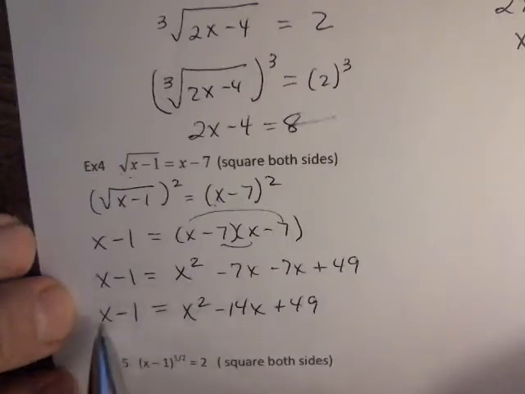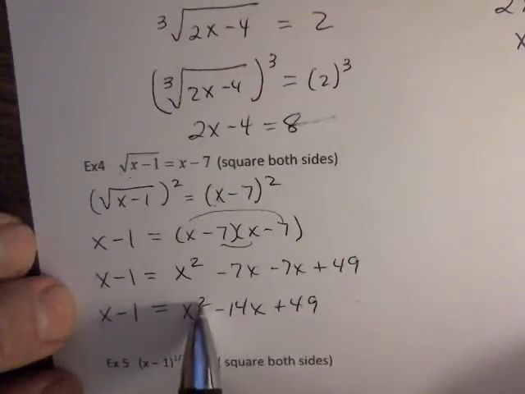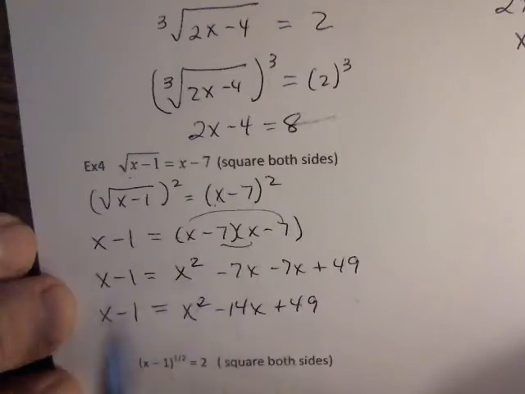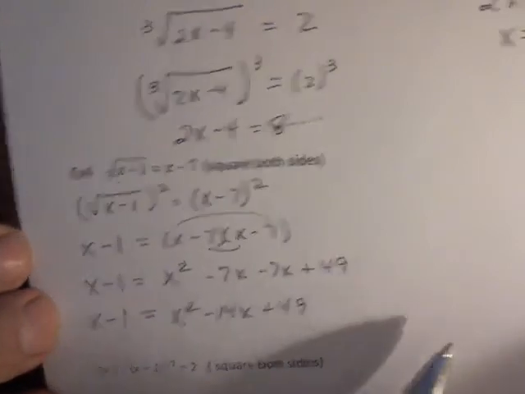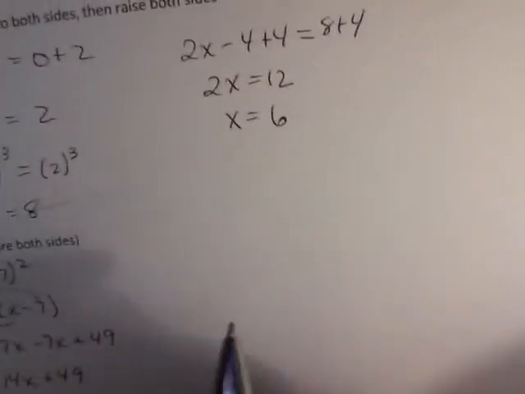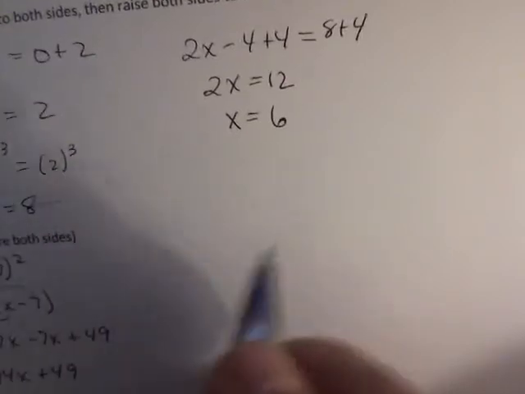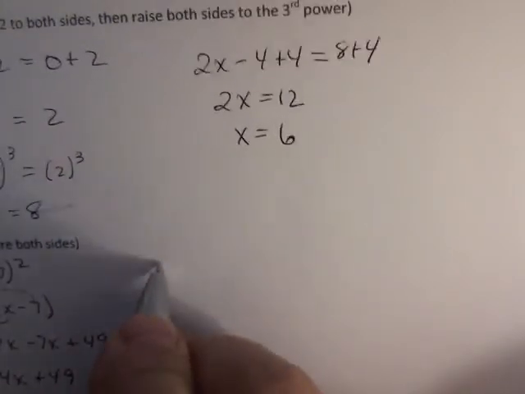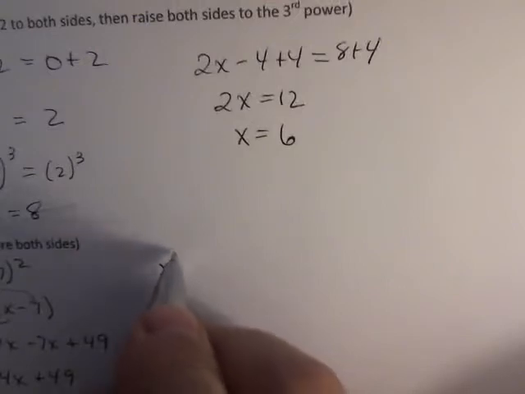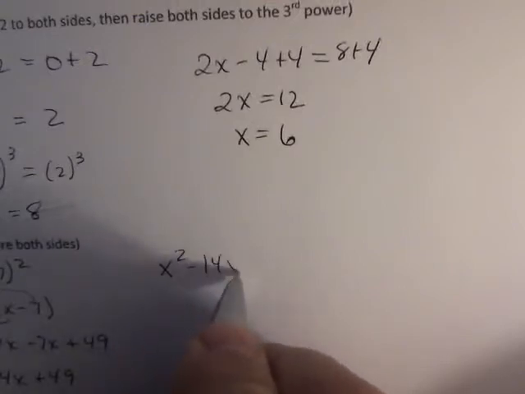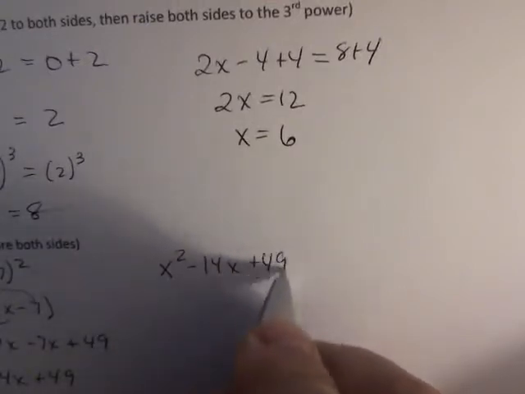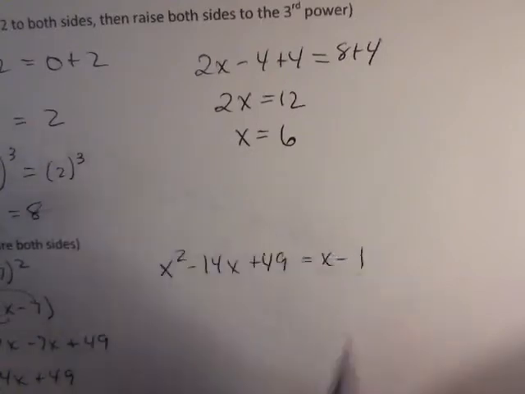Okay, so what we're left with here now is a quadratic equation. And anytime we have a quadratic equation, that means we have an x to the second power, we need to set the equation equal to 0 and solve for x. So what I'm going to do is use one of those rules we talked about, or procedures to manipulate equations, and I'm going to interchange sides.